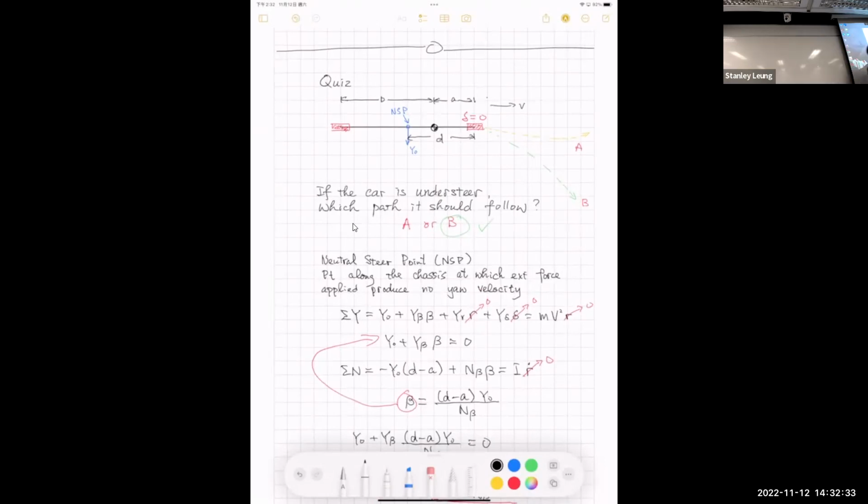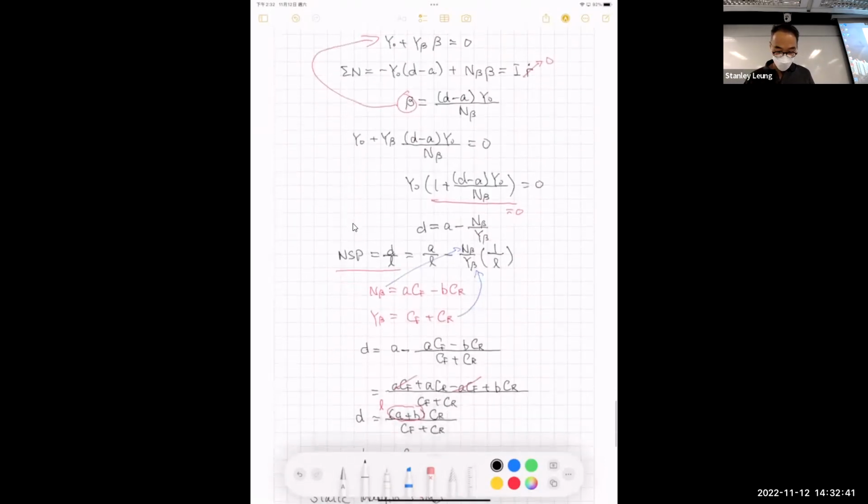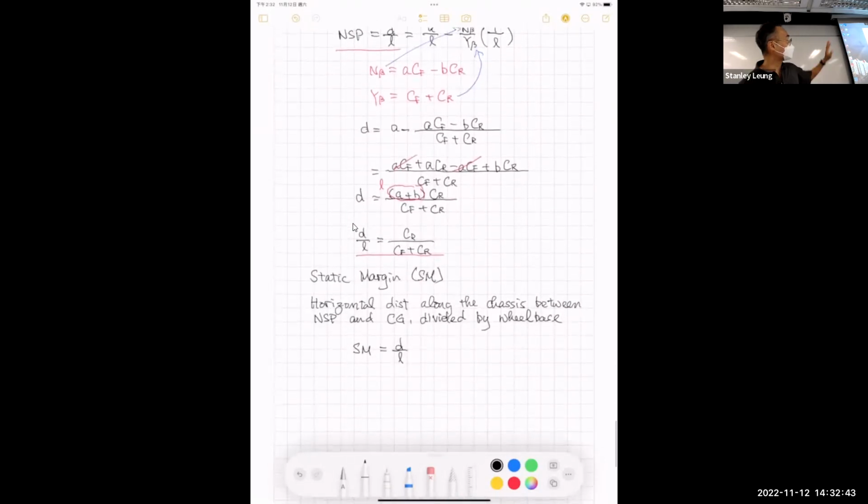This D is the neutral steer point distance from the front. The neutral steer point is supposed to be in the middle of the car if your front and rear tires are the same. But bear in mind, your front and rear tire cornering stiffness may not be the same if it is your choice. If it is not the same, then your neutral steer point is not in the middle. That's why we play around with this.